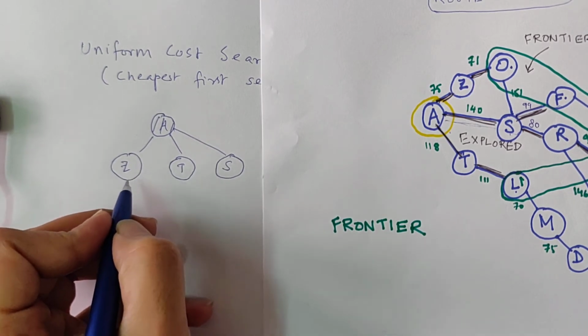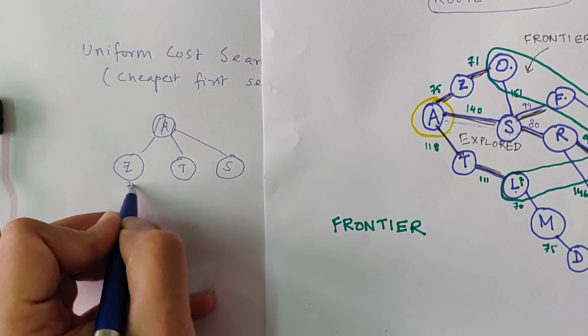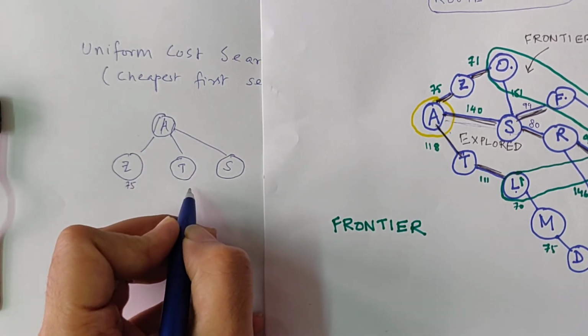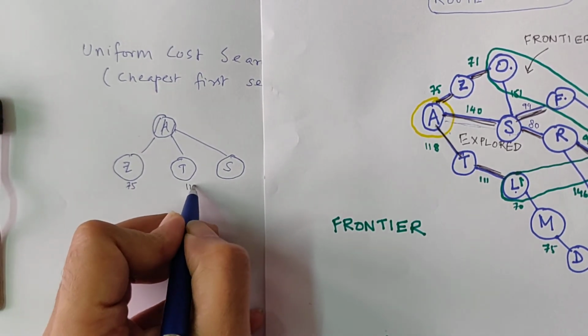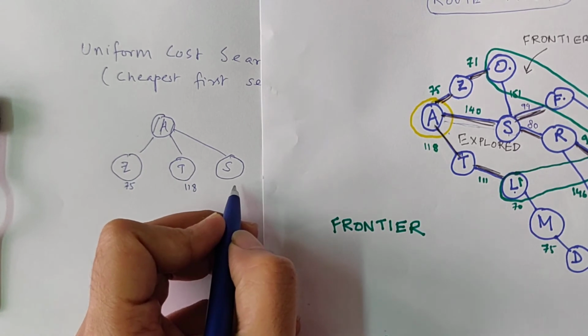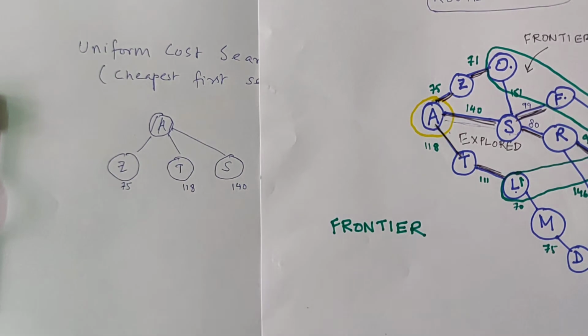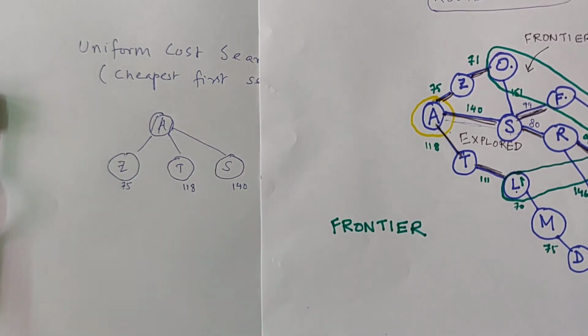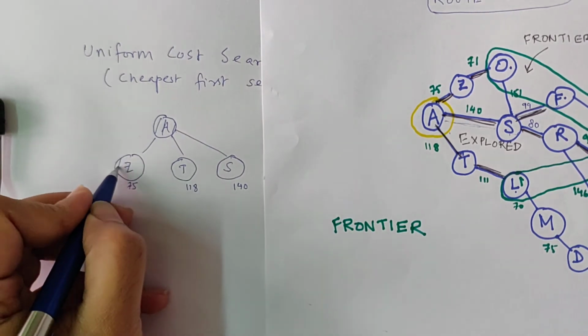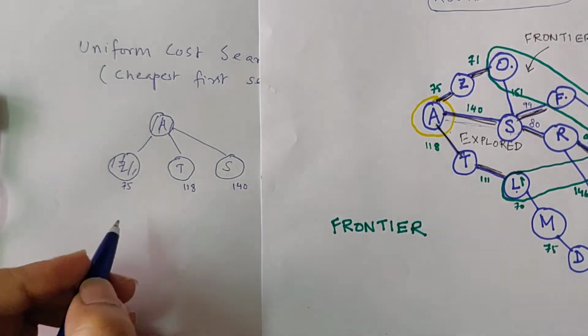It is 75. For T, it is 118. For S, it is 140. So which one should I open? I will have to open Z. So I am exploring Z.